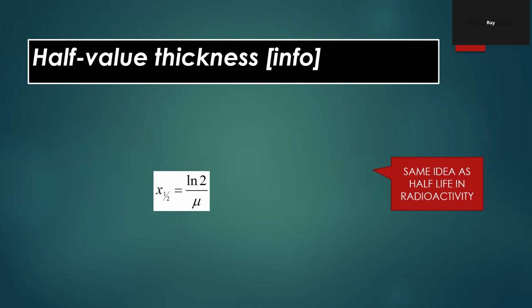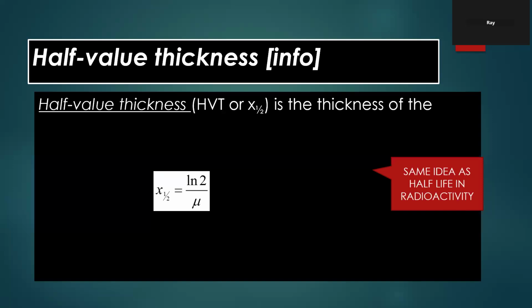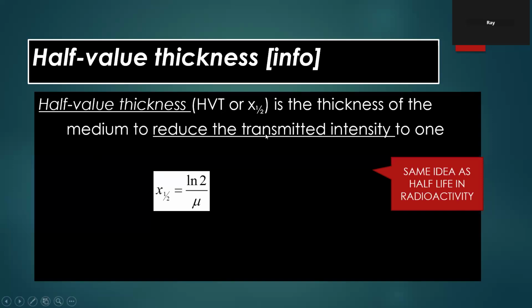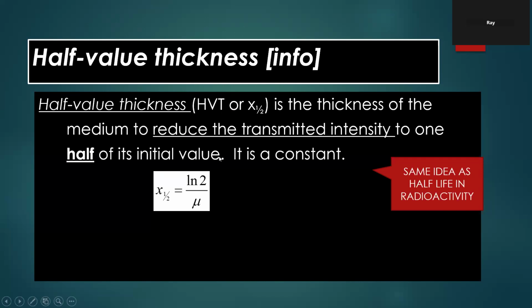They will not ask you what is half value thickness, but they can tell you the meaning of half value thickness, and then ask you to calculate. Half value thickness is the thickness of the medium to reduce the transmitted intensity to 1/2 of the initial value.